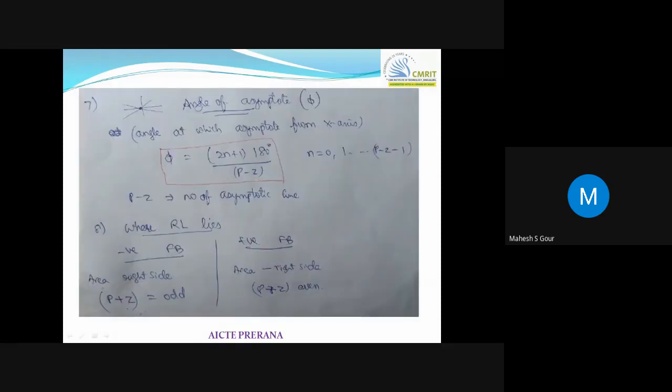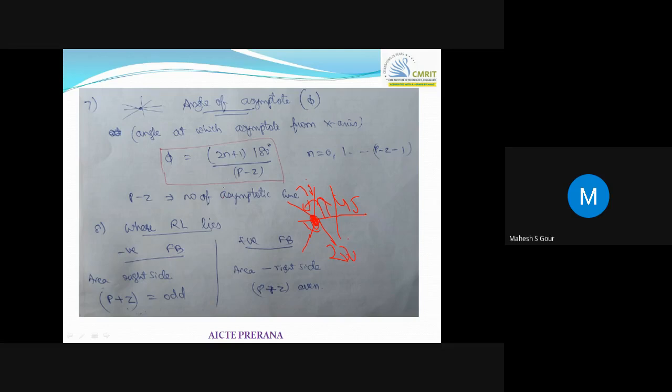Now the next thing, the last concept, so bear with me. You have calculated how many asymptotic lines should come and at what point they meet: they meet at the centroid. Now at what angle with respect to the x-axis? This can be at 45 degrees, the second at 70 degrees, the third at 135 degrees, and the fourth at 270 degrees.